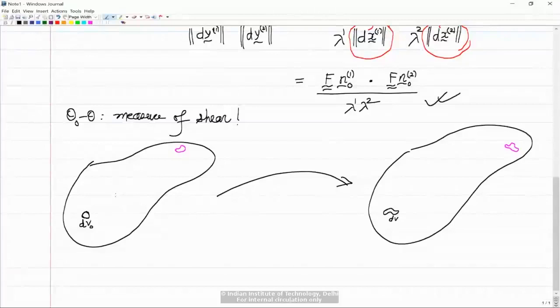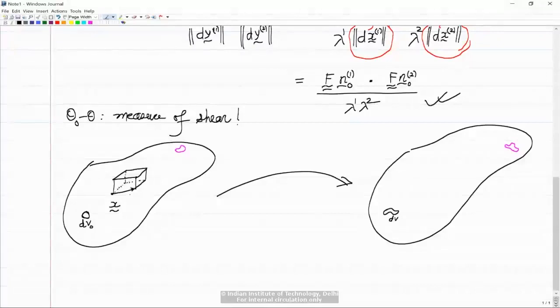So think of a point X and a parallelepiped. Here is that point X, and you have three line elements.